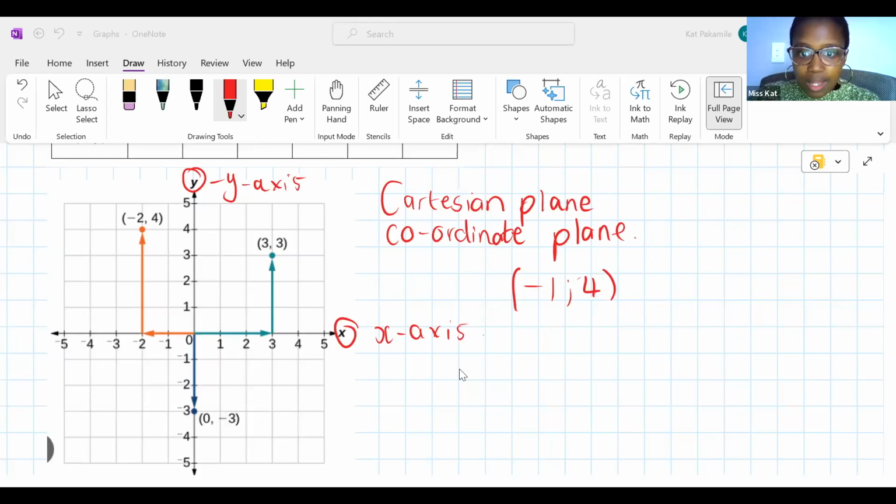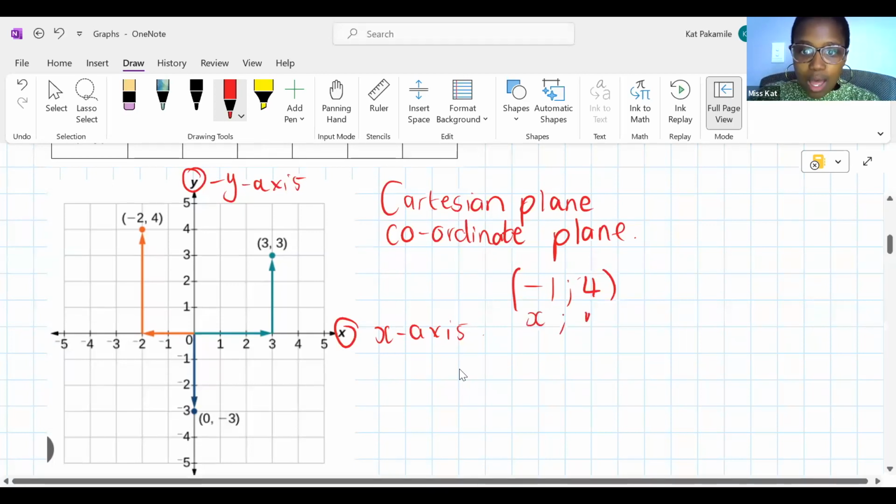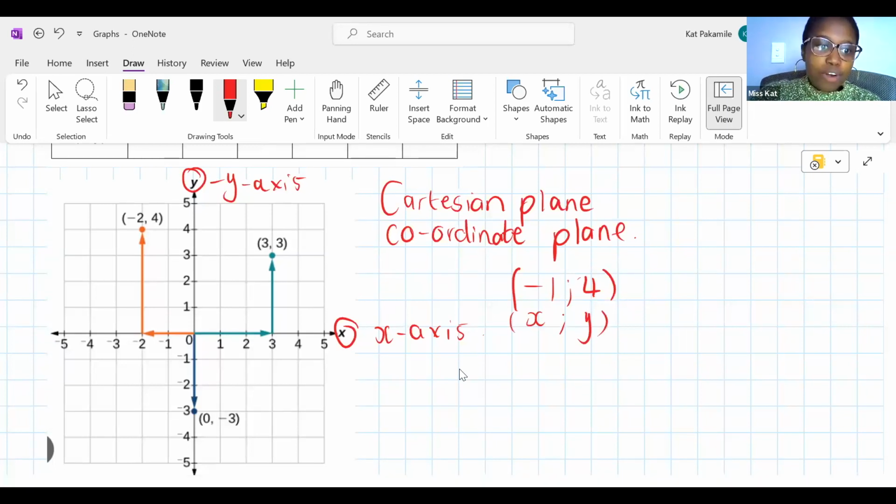So then -1 would be the X and the 4 would be the Y. So then you're going to go on your X axis and look for -1. There we have -1 over there. Now you're going to go to the y-axis and look for 4. There we have 4 over there.